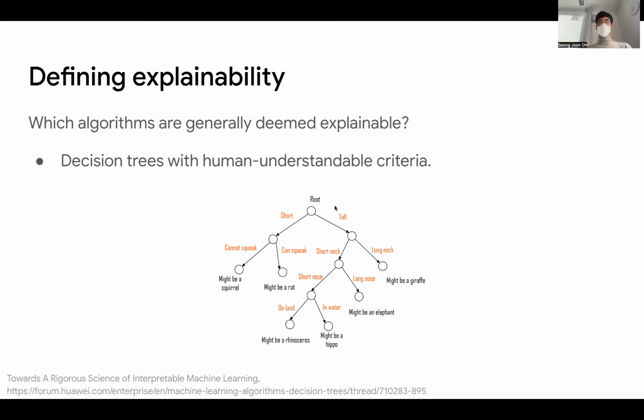Because all of the deciding features for the final decision follow some human understandable concept, we say this is human interpretable. Unless there are so many different branches and so much depth, in which case it's probably still very difficult for humans to understand. But for small decision trees, we say it's human understandable.